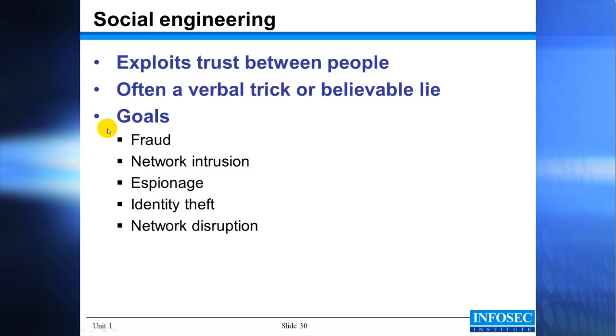As the slide reads, it exploits the inherent trust that people might have with other individuals, and if this other individual starts telling a story about how they've had a bad run of luck or whatever it might be, and the only thing that's going to solve all the problems is to gain full access to the main server.